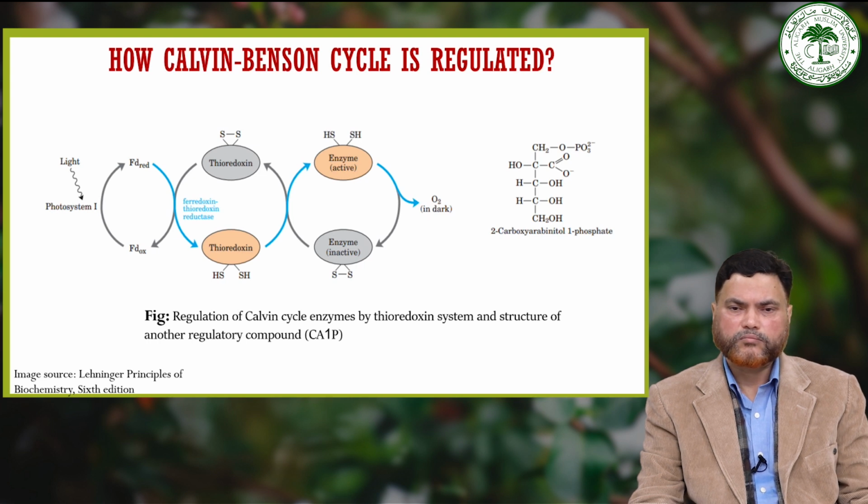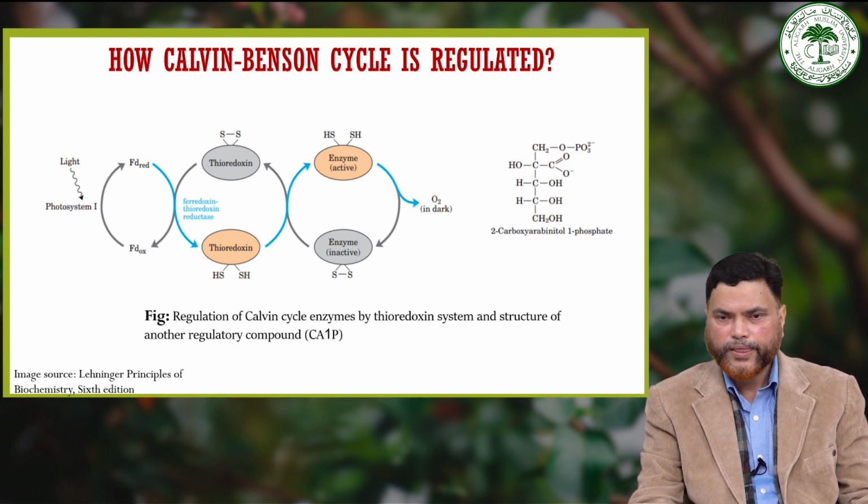Now the second regulation could be regulation by the ferredoxin-thioredoxin system. The interconversion of active and inactive forms of Rubisco activase is controlled by the ferredoxin-thioredoxin system.